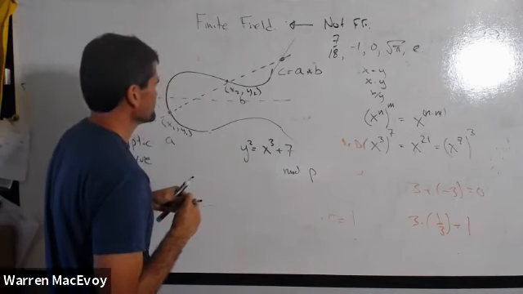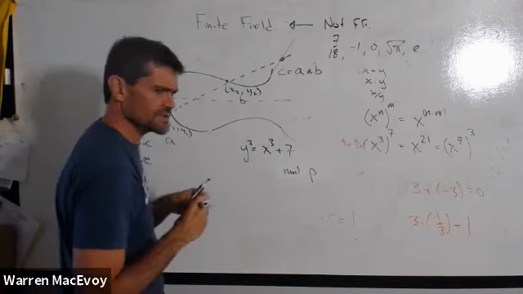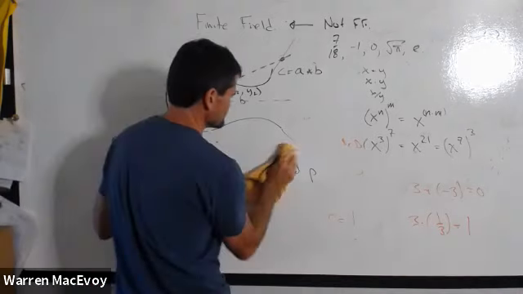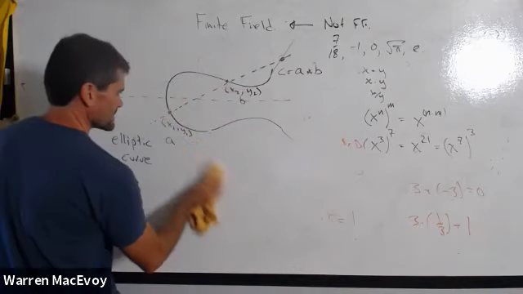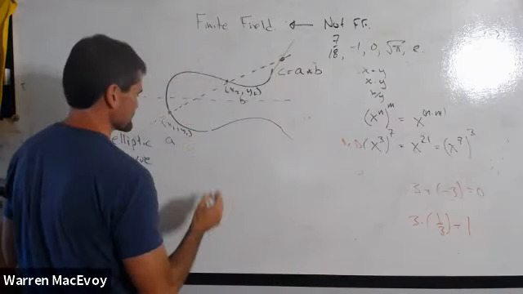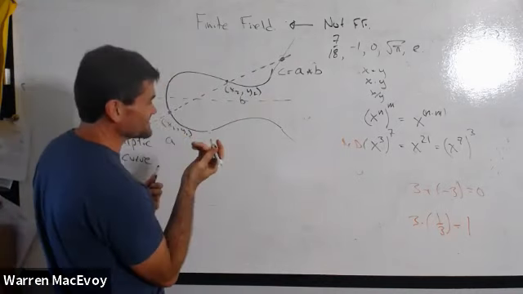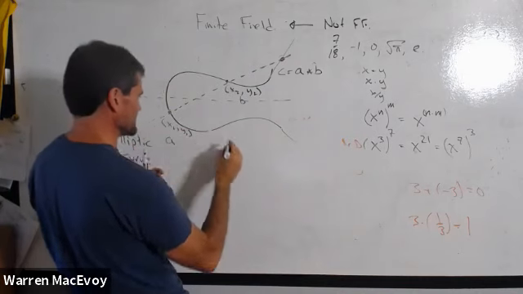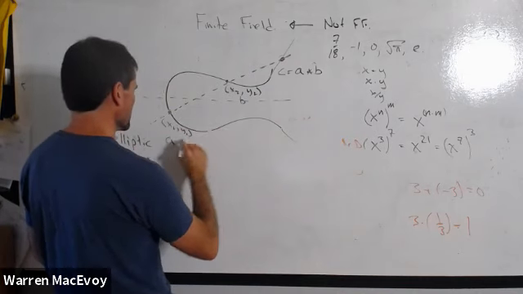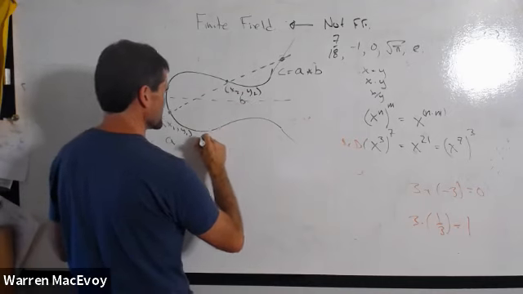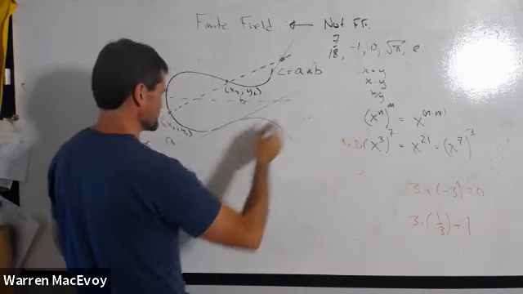In this setup, you have to use tangent lines. Sorry, I've got one little detail. What if A and B are equal to each other? What do you do there? You use a tangent line and look at the intersection point that way.